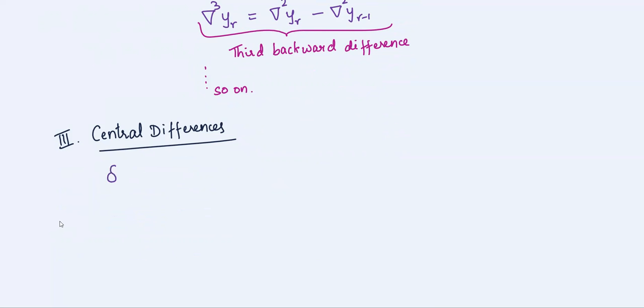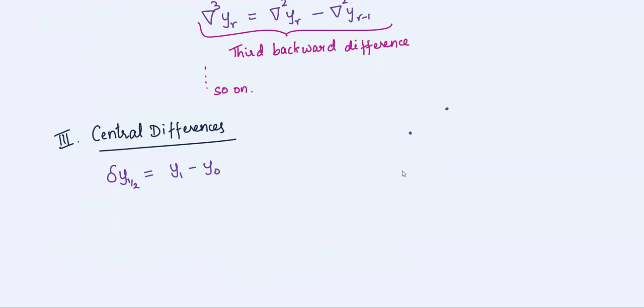We define them with the small delta: delta y half is y1 minus y0. This is delta y half, the central difference. So these are two points, x0, y0 and x1, y1.